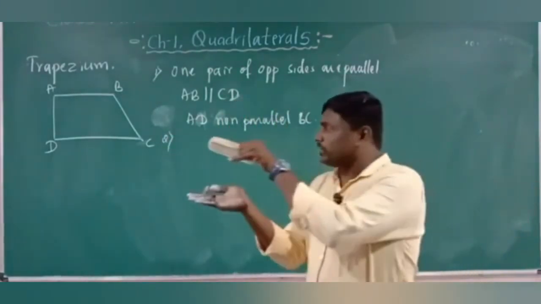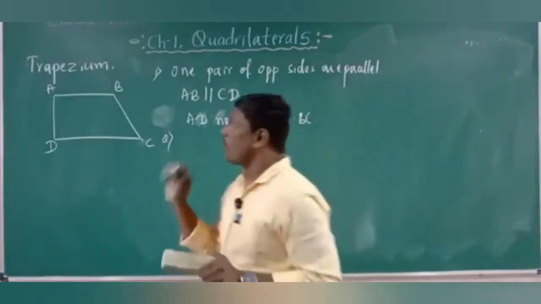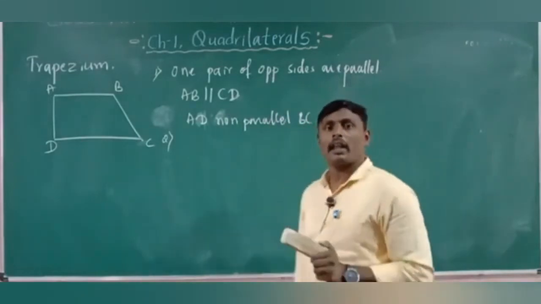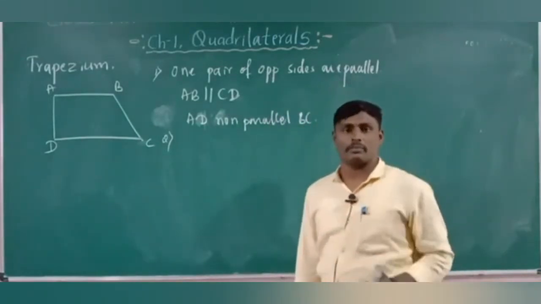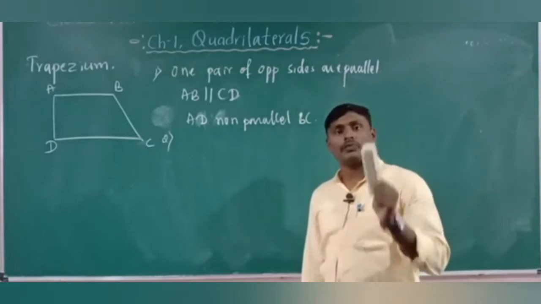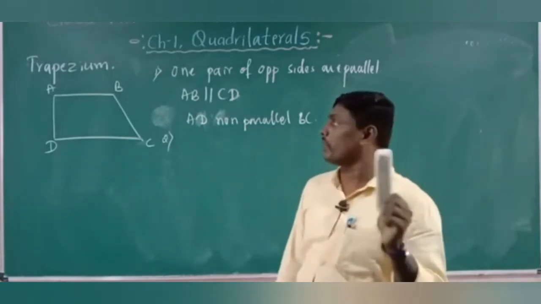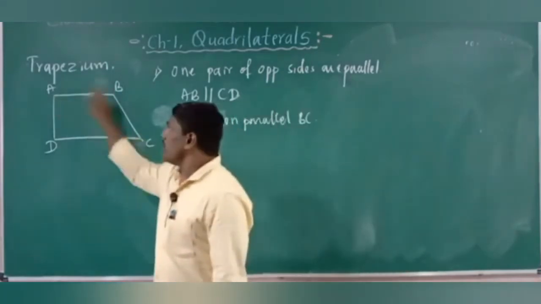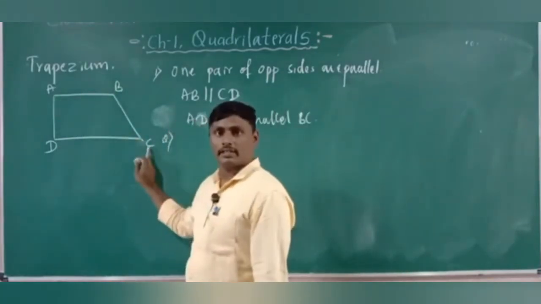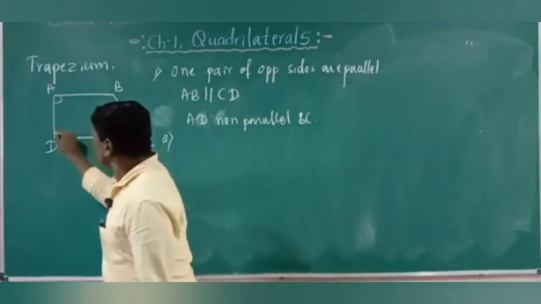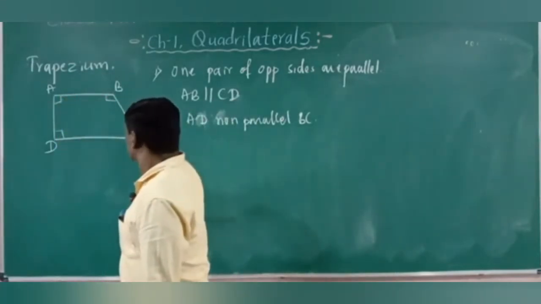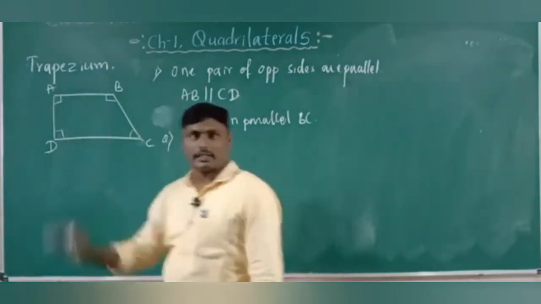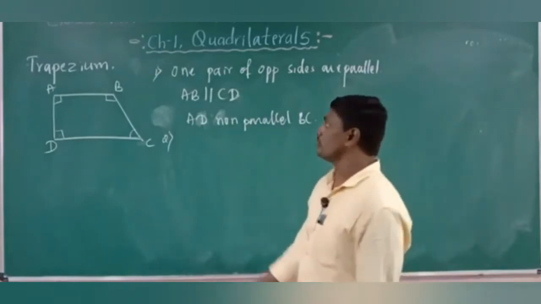Next, second property. If two lines are parallel, the angles formed between the parallel lines are always supplementary. It means the sum of two angles formed between the parallel lines is equal to 180 degrees. So here AB and DC are the two parallel lines, and the sum of these two adjacent angles is equal to 180 degrees.